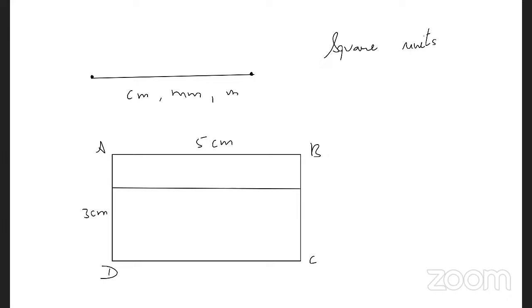So what we do, we're going to divide it. Why here 3 lines? Because we have the breadth 3 and the length 5.